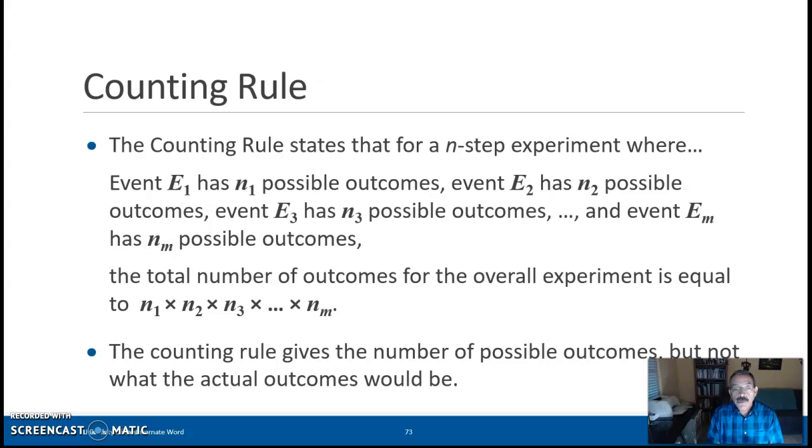The counting rule is very useful, but note that it only gives us the number of possible outcomes, and it does not tell us what the actual outcomes are, like the tree diagram does.